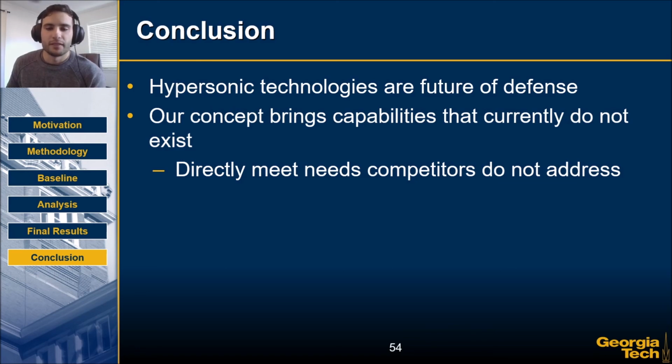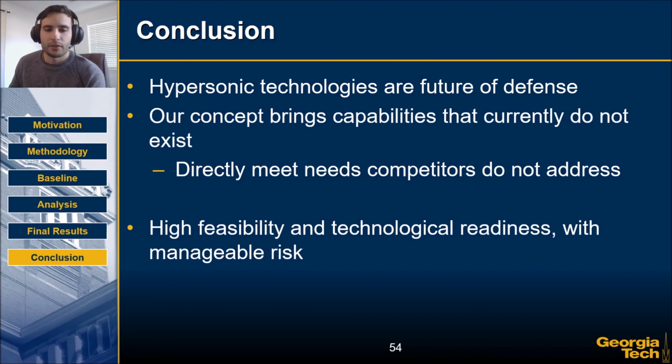It directly meets needs that those competitors just cannot and do not address. And so for that reason, we think that our concept is a fantastic concept for the future of ISR. And we think it has high feasibility and technological readiness with only manageable risk.